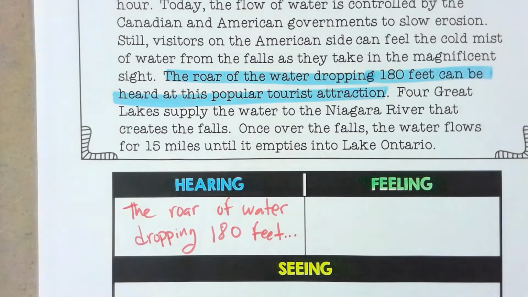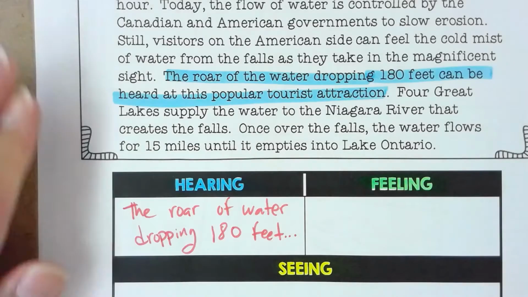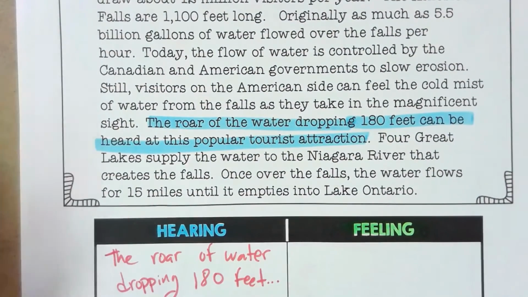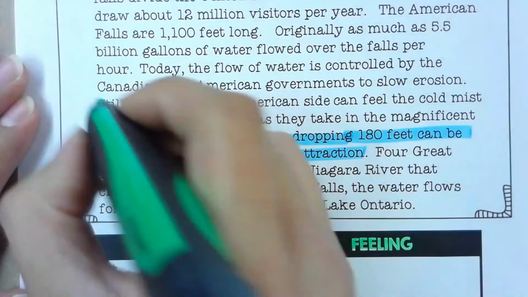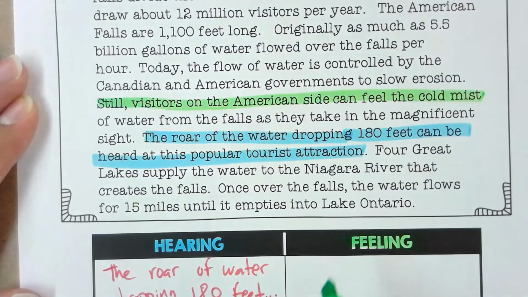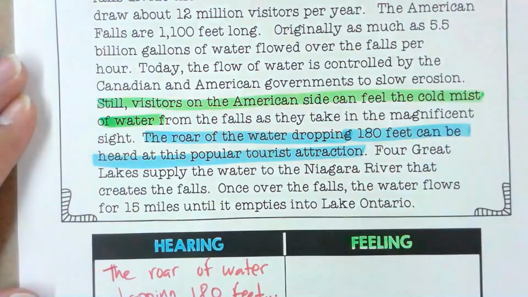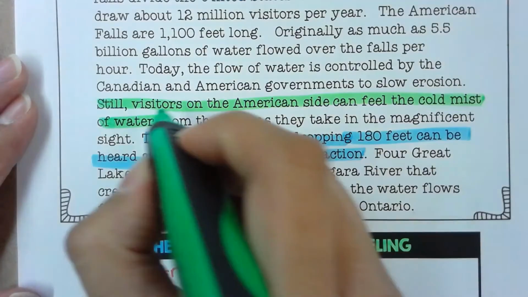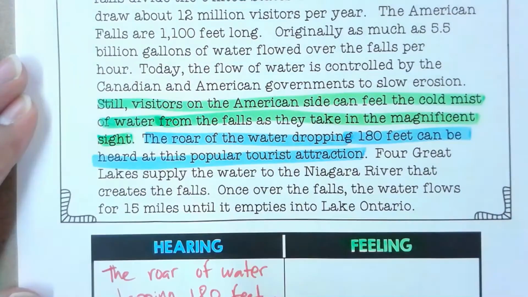Now let's find our descriptive detail dealing with the sense of feeling something, touch. And please get your green highlighter. Let's see if you can find it before I highlight it. Still, visitors on the American side can feel the cold mist of water. That's dealing with touch. You can feel the cold mist from the falls as they take in the magnificent sight.